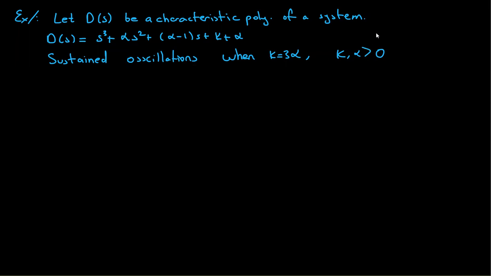Okay. And we would like to find K, alpha, and poles of the system. And K is equal to 3 alpha.